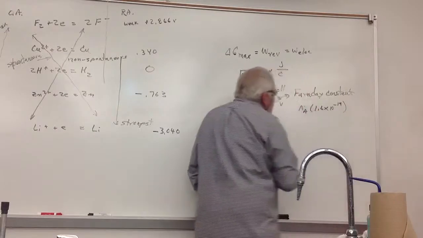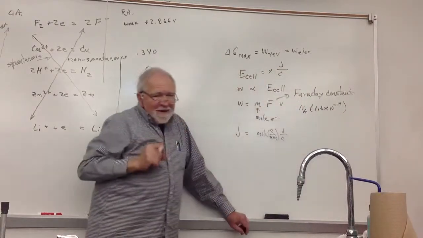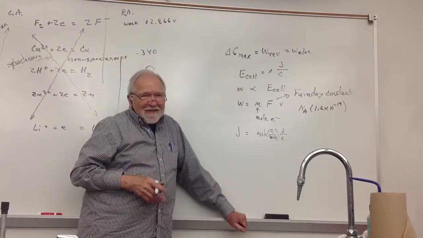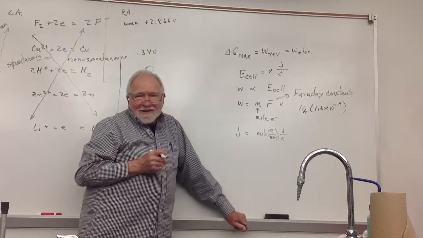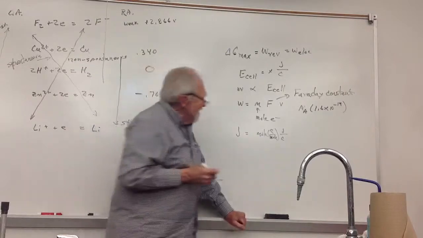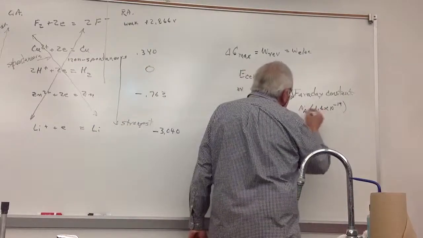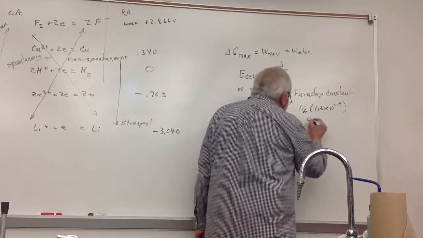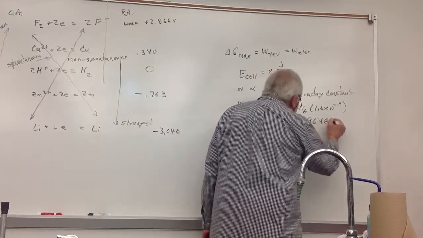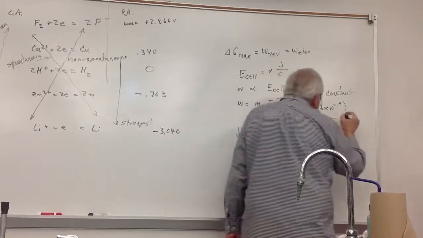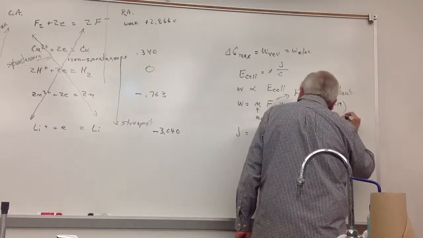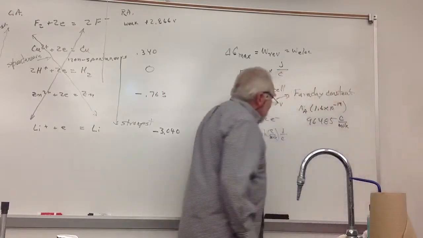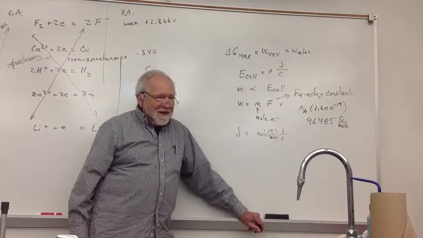I'm not going to bother putting the sign in here because I want to put the sign in for a different reason. If I put the sign in there, I wouldn't have to say another word. But you know I like to keep talking, so I'll say another word. So I'm not going to put a sign in there. If I take 6.02 times 10 to the 23rd times 1.6 times 10 to the minus 19th, I get 96,485 coulombs per mole. That's the so-called Faraday constant.